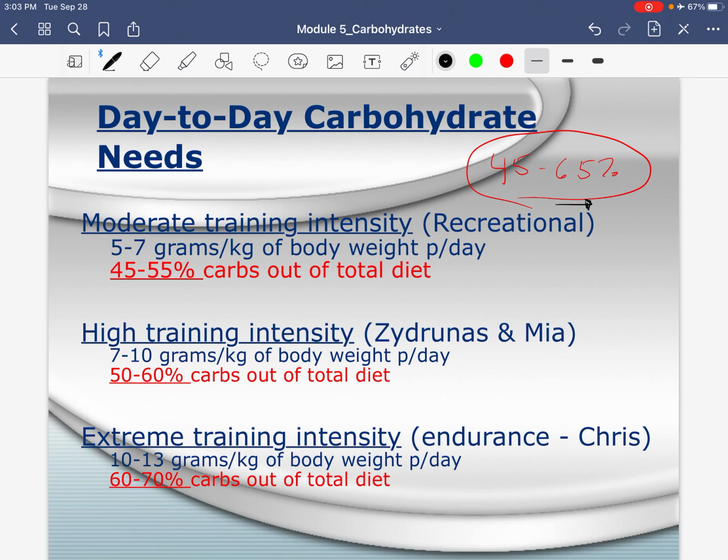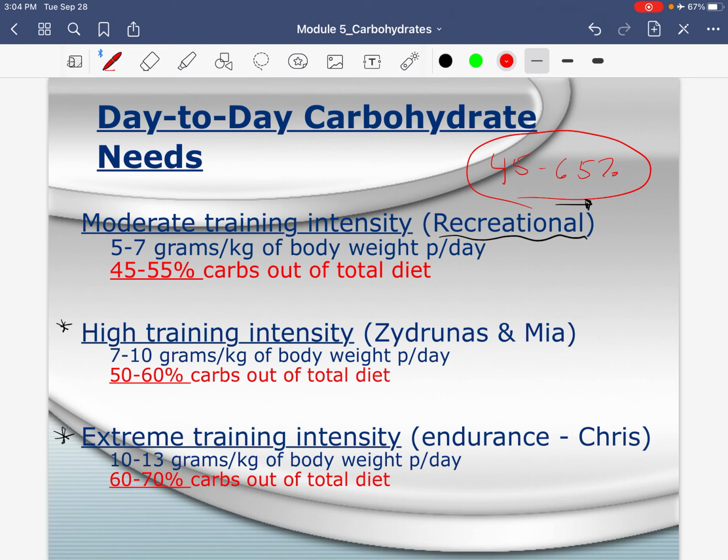I'm never going to ask you a specific number, but if I give you examples, the endurance athlete would need the most carbohydrates. A high-intensity athlete is going to be more in the middle, and then someone who's recreational, barely exercises, or is just kind of like a weekend warrior, can still get away with being a little bit lower.